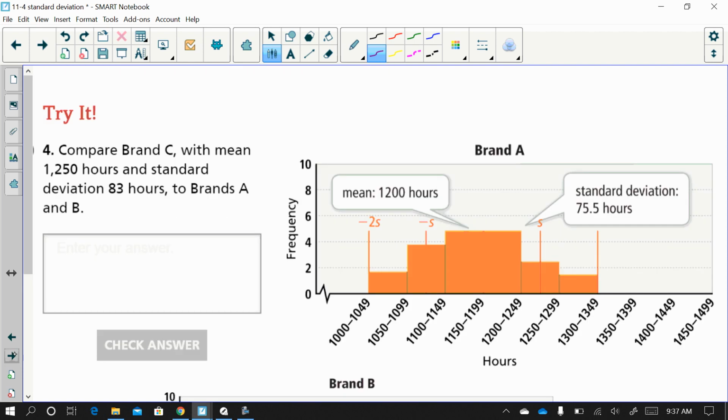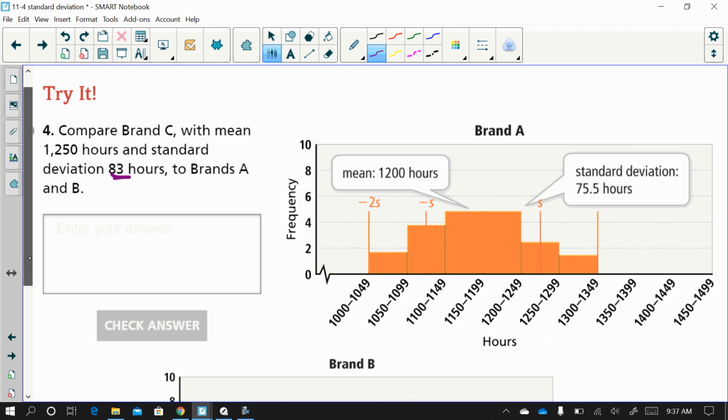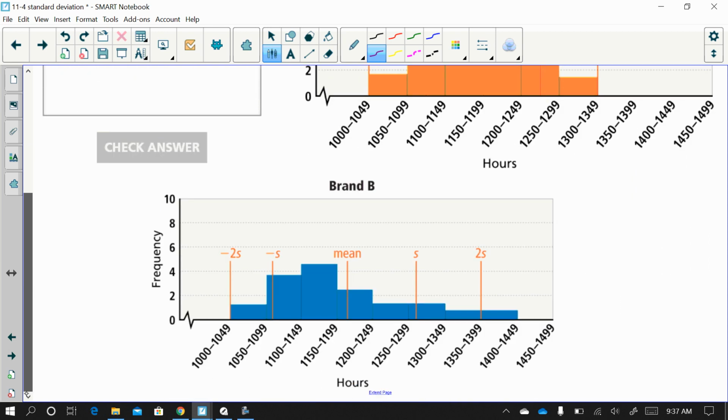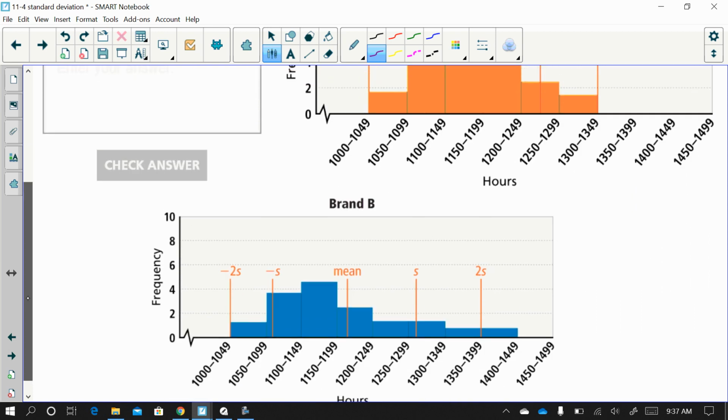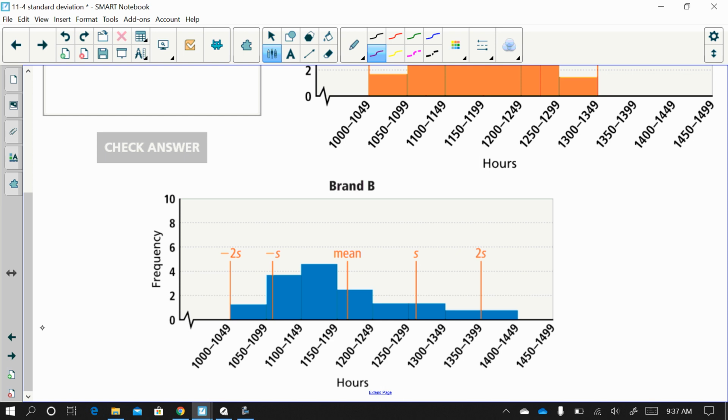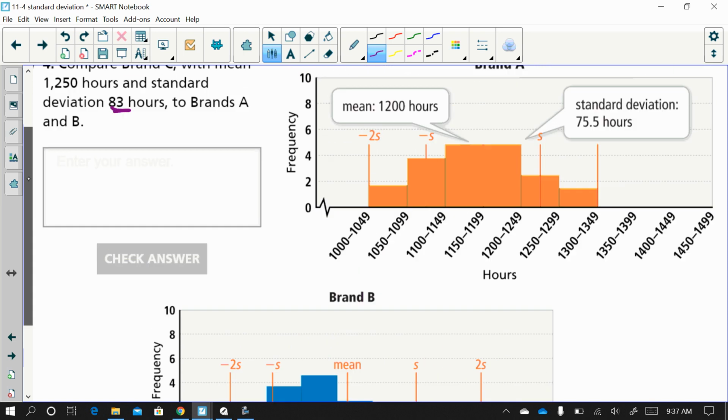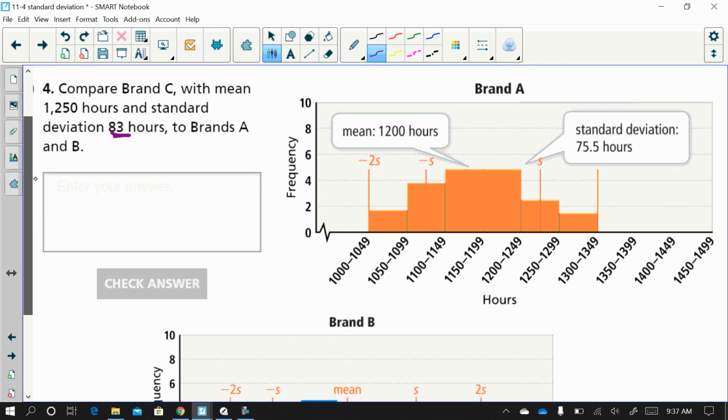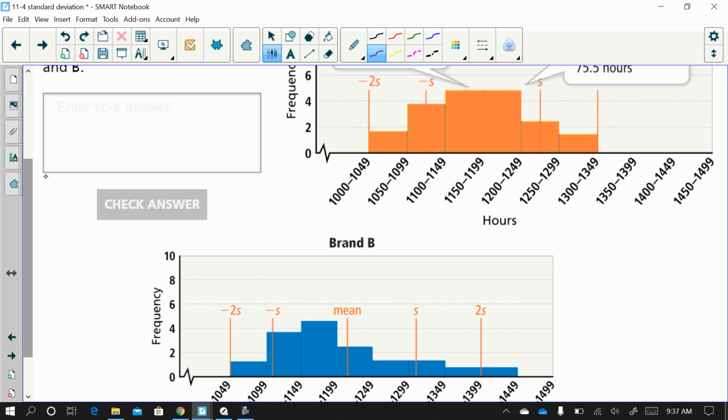Okay, so now let's compare brand C to both of these. Now we know that the standard deviation is 83. So I would say brand C is somewhere between brand B and brand A. We know it's 75.5 here, so A is still more predictable. 83 is a little bit bigger than that.